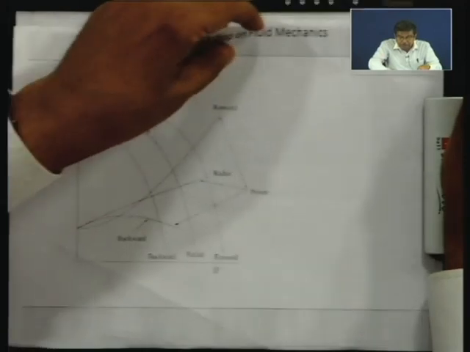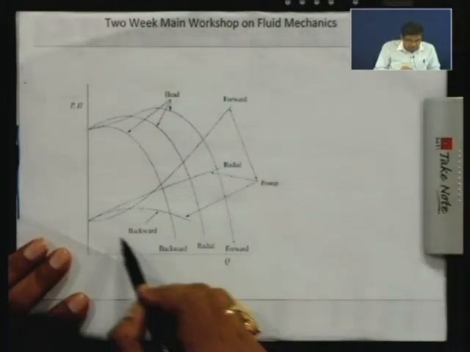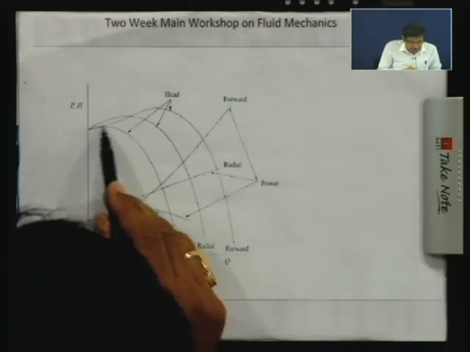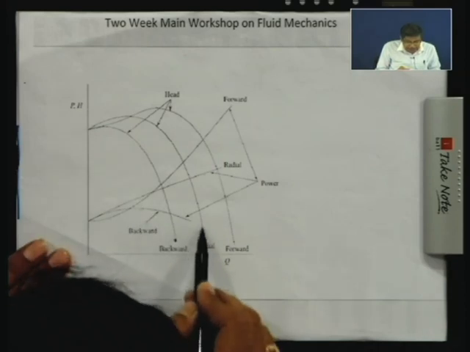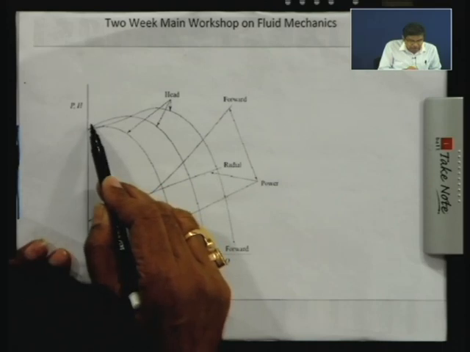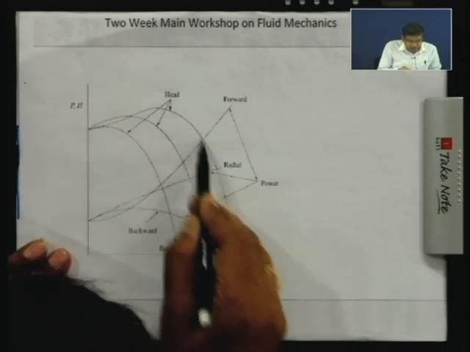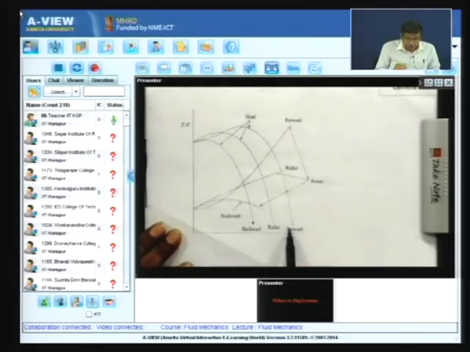For your information, I tell you that this will be like this. This is the head discharge characteristic of a backward facing vane, this is for a radial vane, and this is for a forward facing vane.